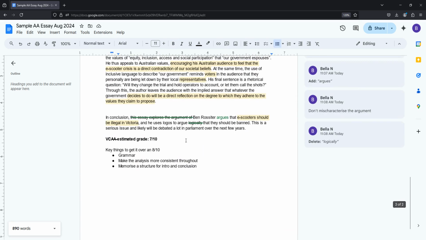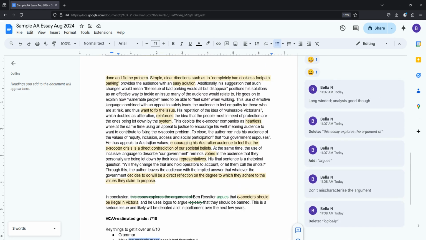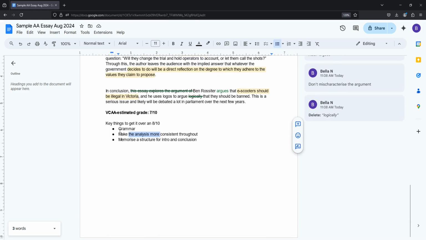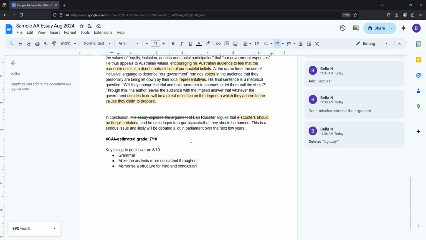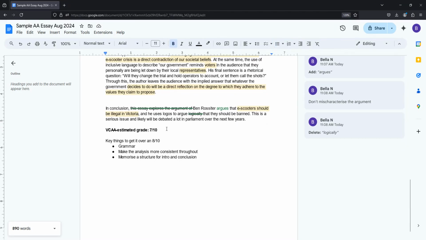No, I think as long as the piece was more consistent and had this high level of analysis throughout, it'd be pretty good with the tidying up of the grammar. So overall, a reasonably strong essay. The student definitely has potential, and it could definitely be well over a 7 if they just made a couple of tweaks to how they write. I would tell this person to just keep working on these three things. You'll probably have it at the 8 out of 10 level pretty quickly, which is great.